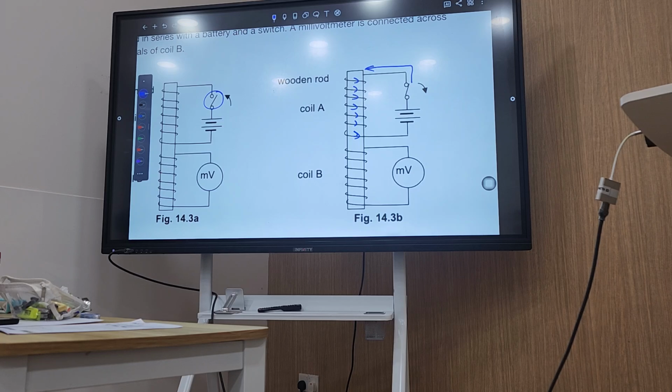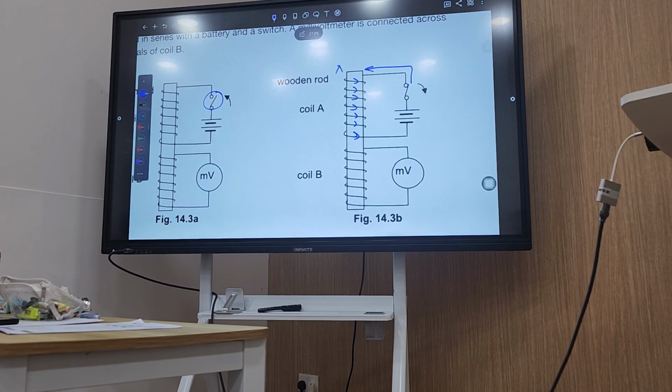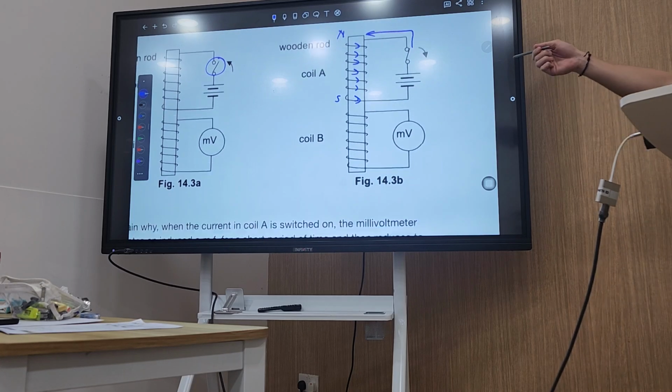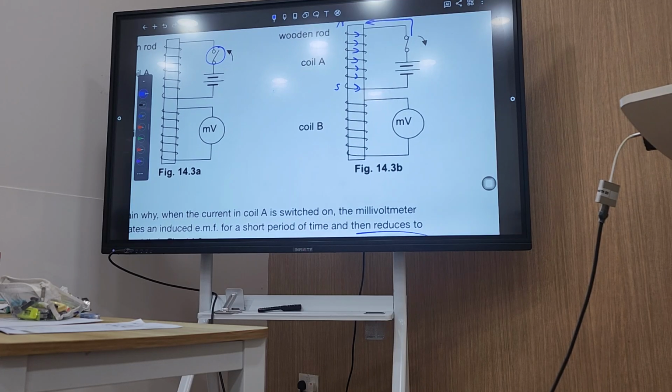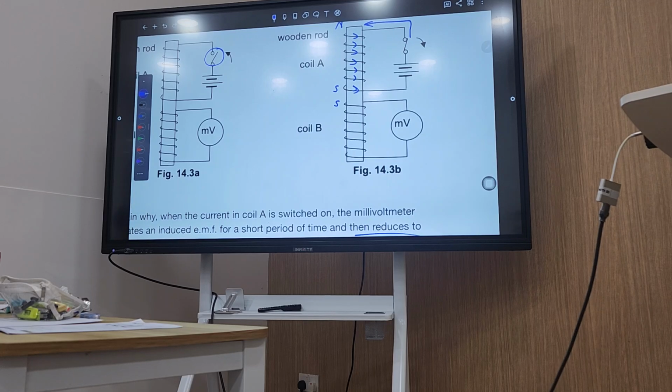What do you use? This one, okay, good. So down here north, down here south. Then for coil B, is top south or bottom south? Bottom. No. The top is south.